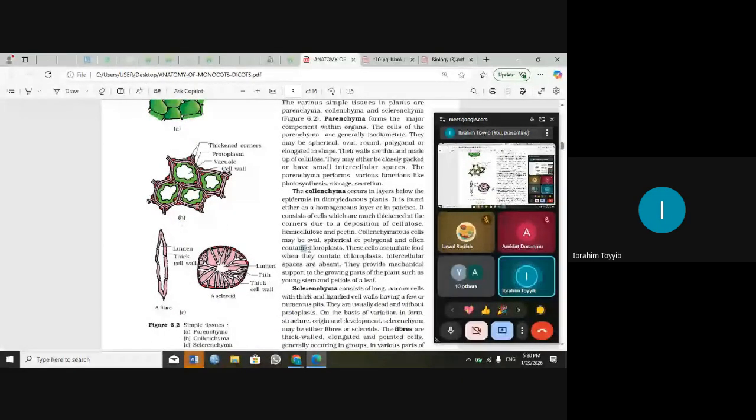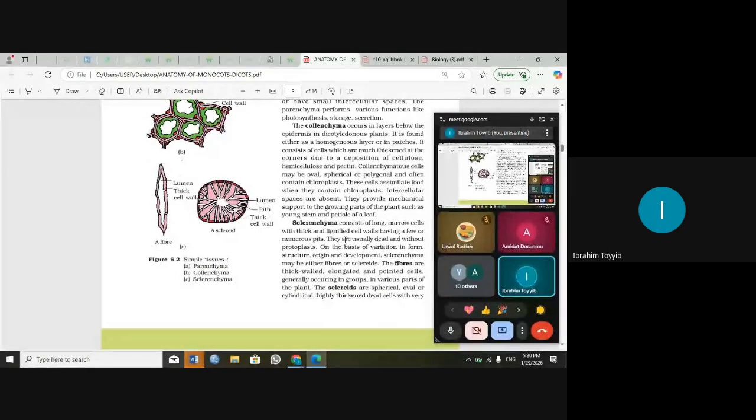It contains chloroplast also. And what's the function of chloroplast? For photosynthesis. The major function of collenchyma is to provide mechanical support to the growing part of the leaf, such as the young stem and petiole of a leaf. Now, that's collenchyma. Let's look at sclerenchyma.